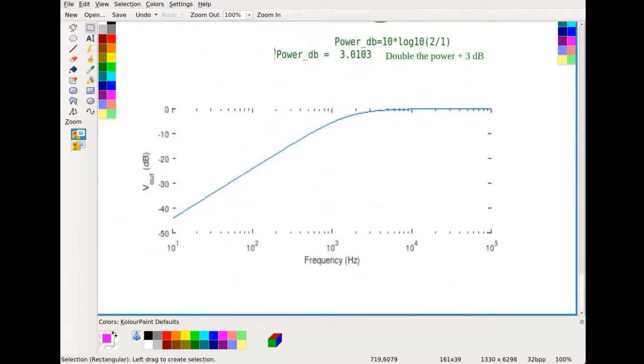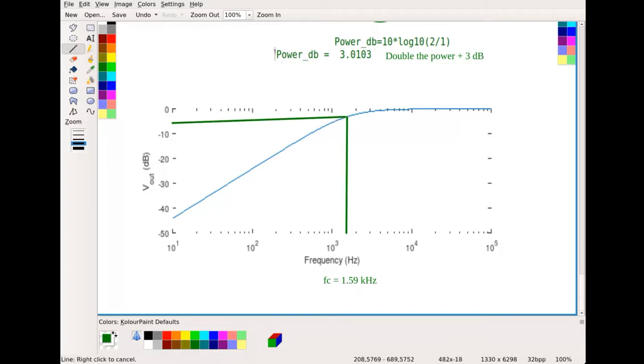So we take our cutoff frequency here, we find that cutoff frequency 1.59, which is about right here, right? Which is at our -3 dB line, right?